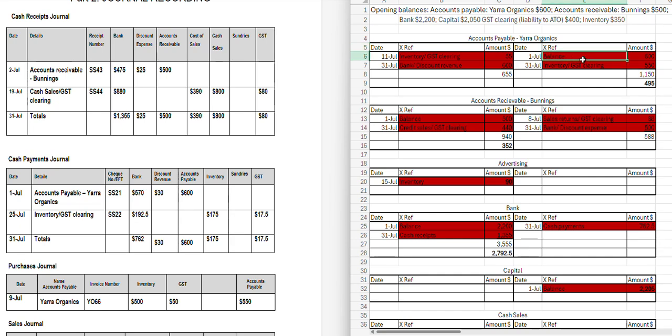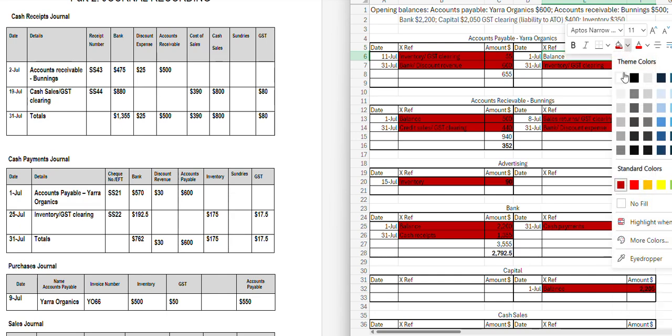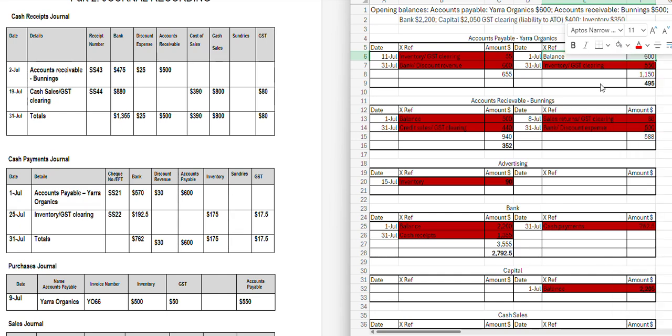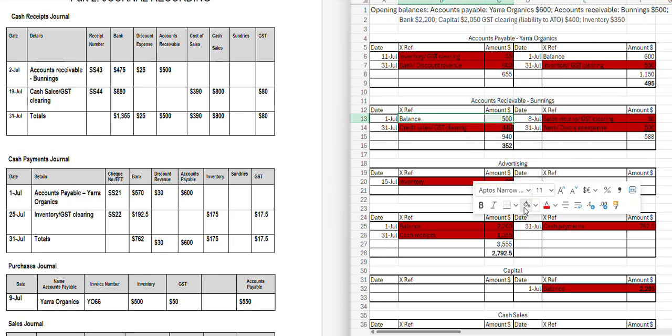That's a liability account, and an opening balance for a liability will go on the credit side. Accounts receivable, Bunnings, is owed 500. That's an asset. Opening balances for assets are on the debit side, just as they appear on the balance sheet.